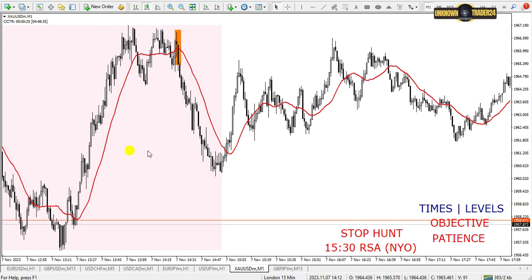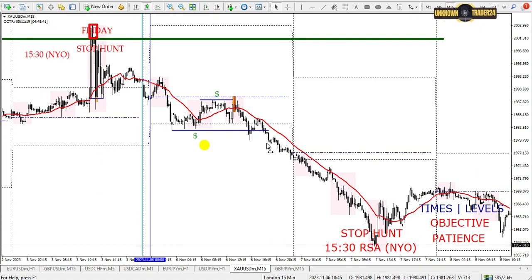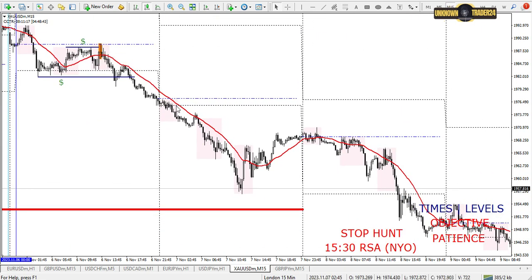Why? Because I know that 15 throws a stop hunt. However, based on the behavior, you see, these prices were just going down. You have to know that if prices have been going down, they might not continue going down up to this point.